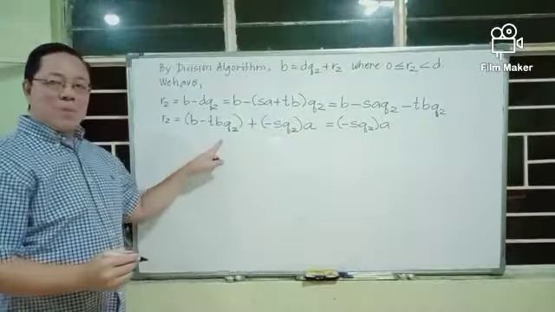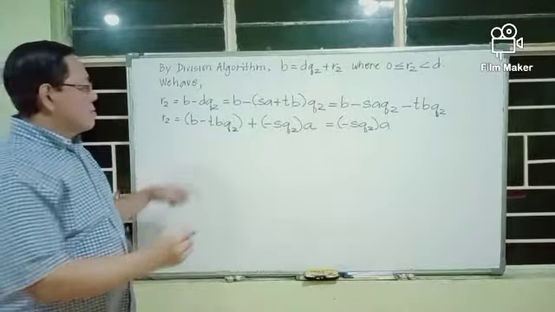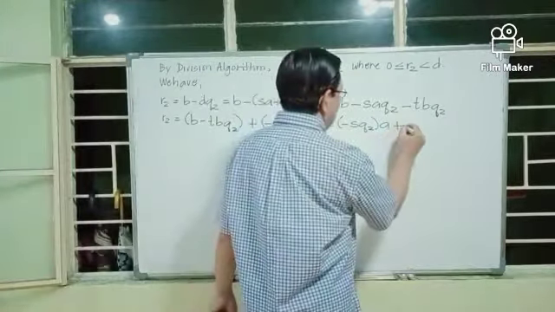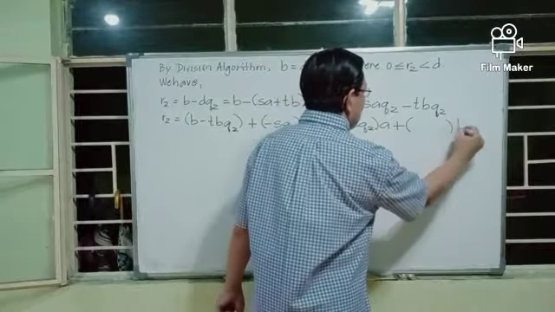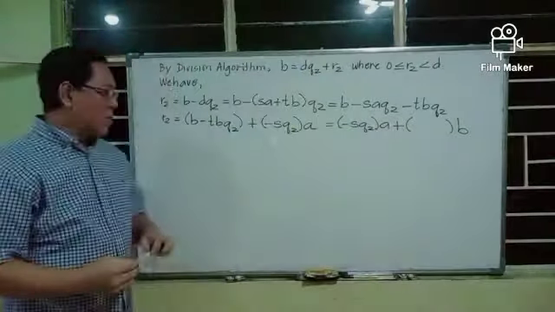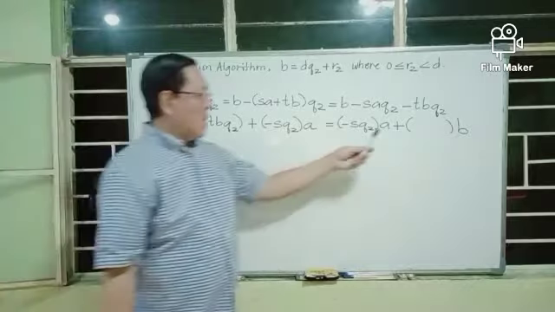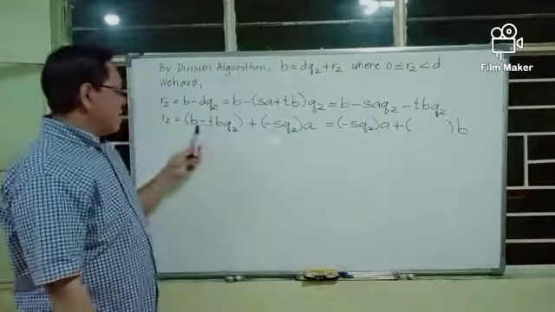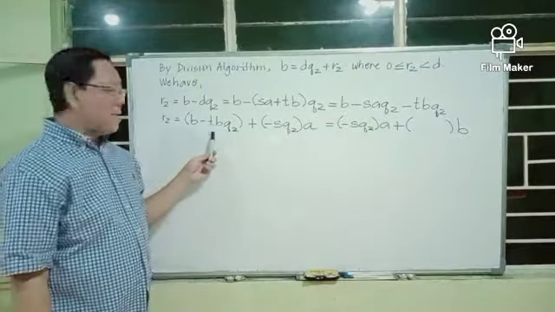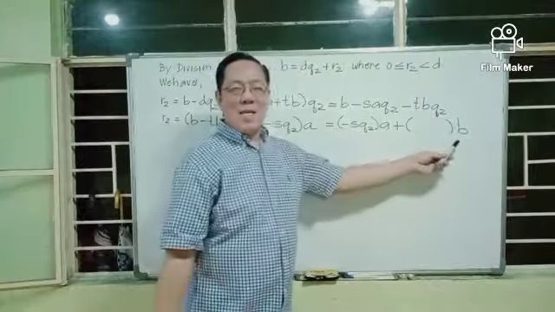And from this group, we factor B. If you factor B, the other factor is obtained by dividing this binomial by B. B divided by B is 1.